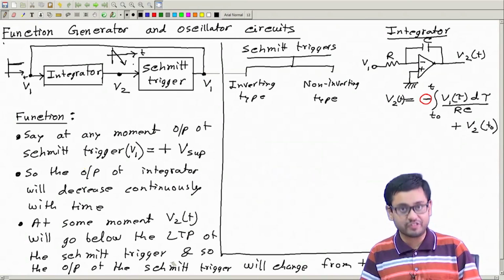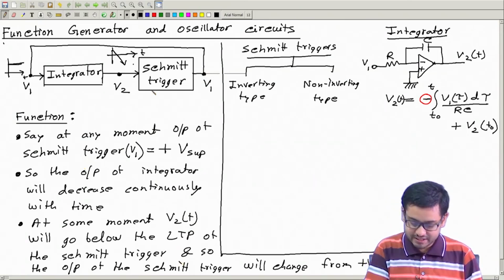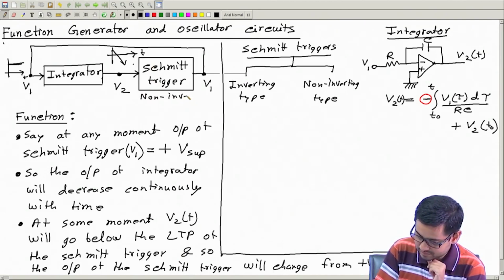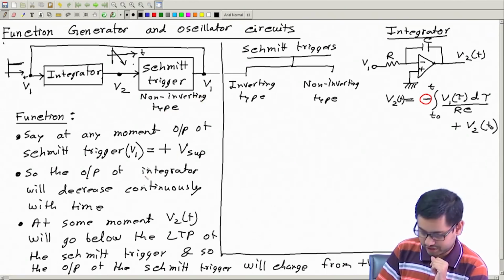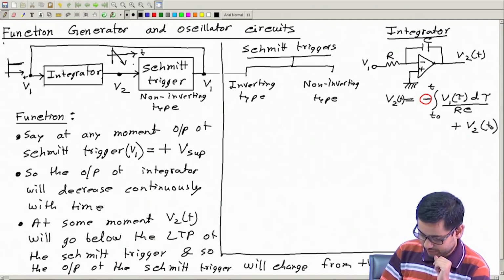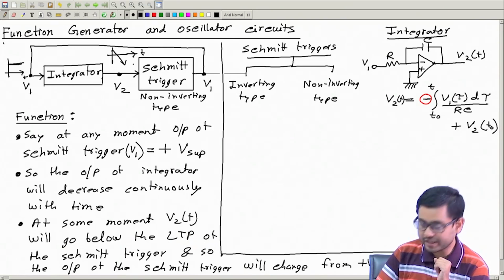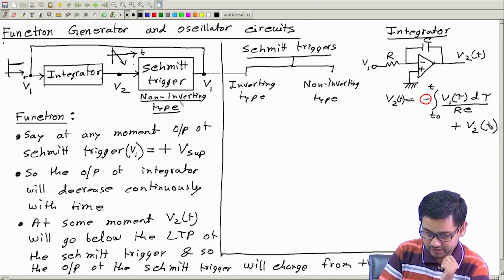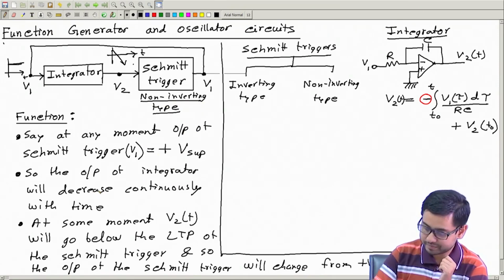That's what I have written. So that means this must be a non-inverting type, because when the input goes below LTP, output will become negative. So that's why we definitely need this type of Smith trigger.